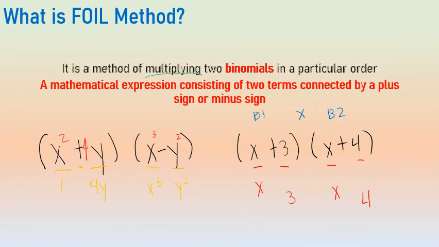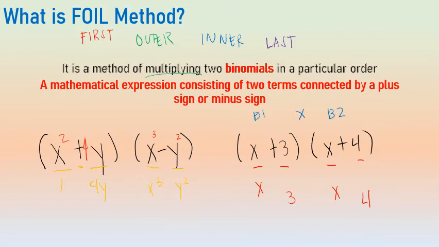And the FOIL method stands for first, then followed by outer, then followed by the inner, and lastly, last. So that is your first, outer, inner, last, or that is your FOIL method.